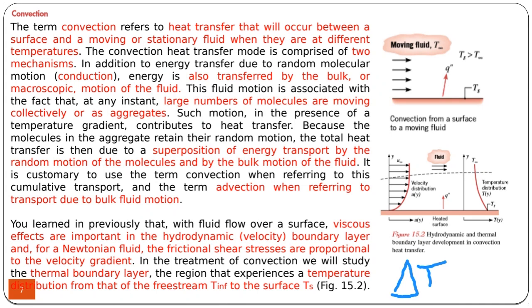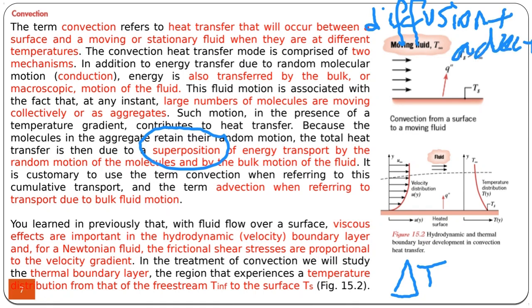So convection heat transfer occurs on the surface of the radiator. Actually, it's the combination of two kinds of heat transfer, the superposition of both diffusion, which is conduction, plus advection, which is the fluid motion.